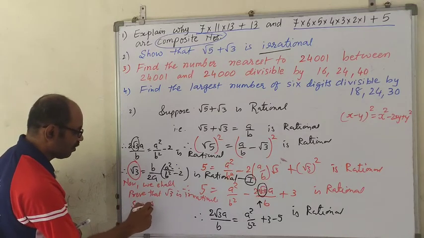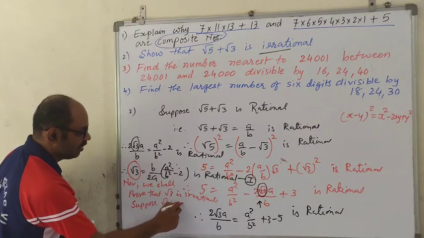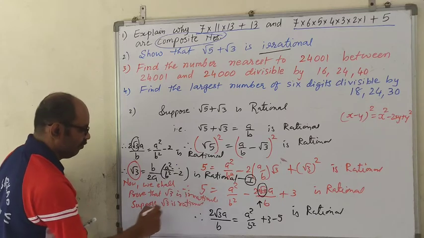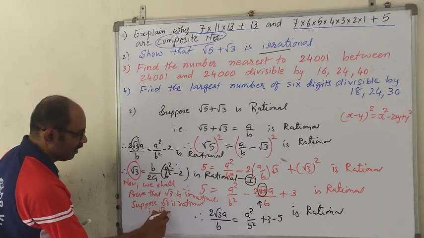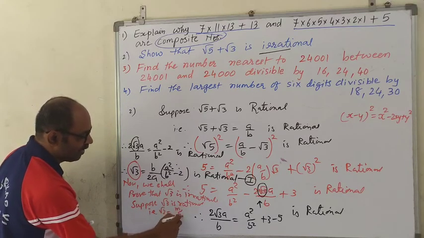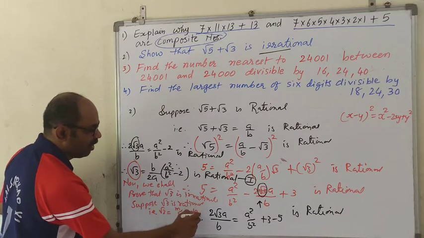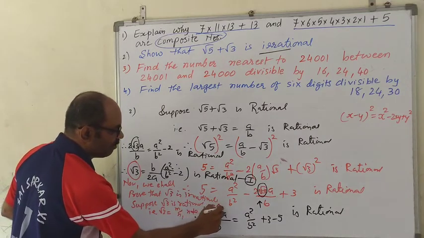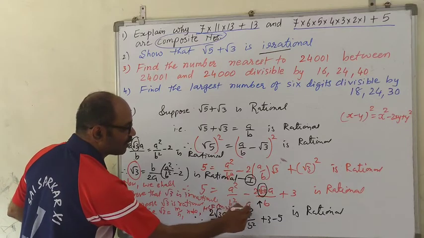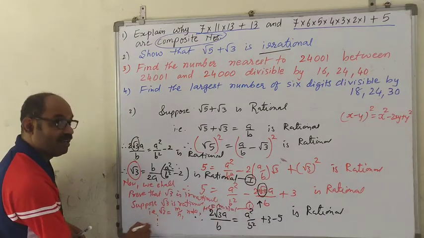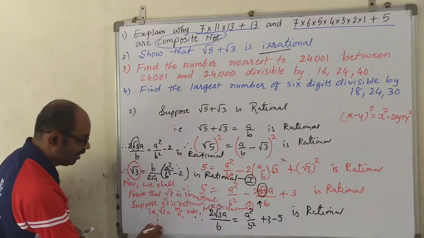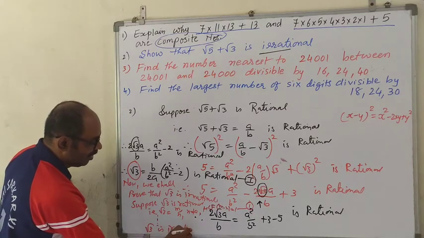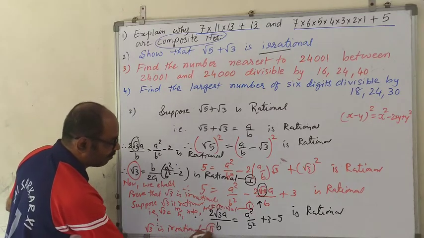Suppose root 3 is rational, i.e. root 3 is equal to m upon n, where m not equal to 0, and HCF of m and n is equal to 1. Call it result 1. फिर till you get root 3 is irrational. Root 3 is irrational. Call it result number 2.